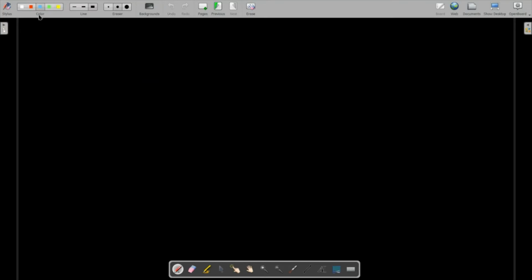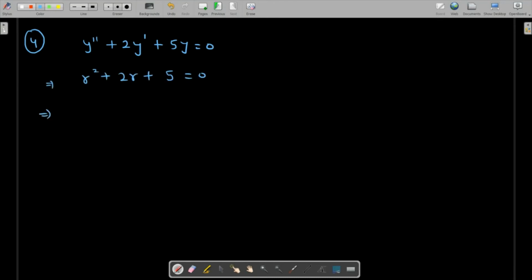Let's talk about another one. So in this case, we have y'' + 2y' + 5y = 0. So the characteristic equation is r² + 2r + 5 = 0. Let's use the quadratic formula to get the value of r. So that's −2 ± √(4 − 4·1·5) over 2·1, which is just 2.